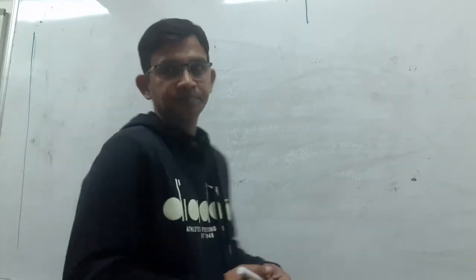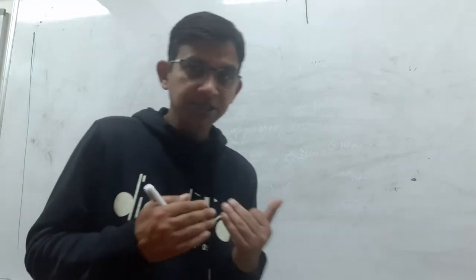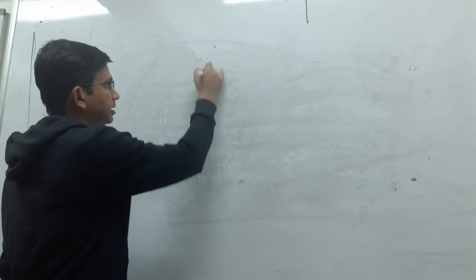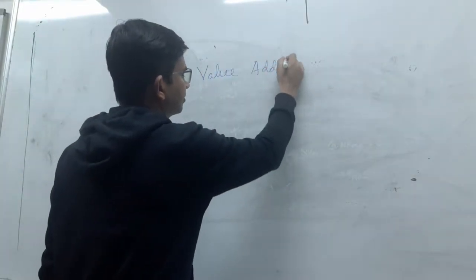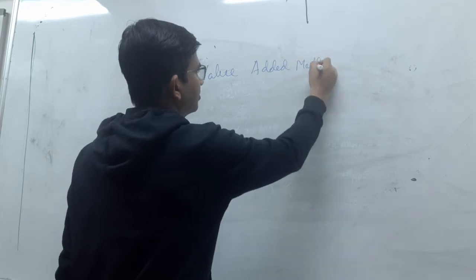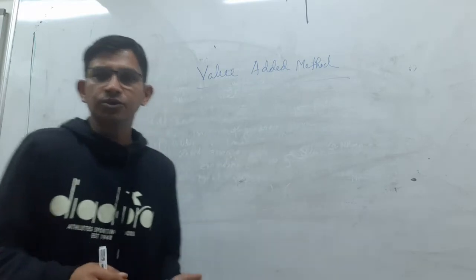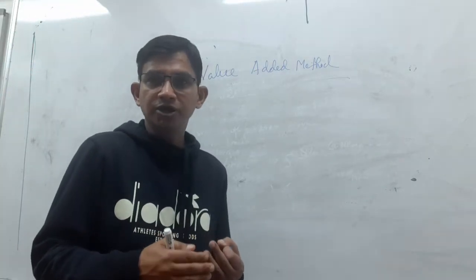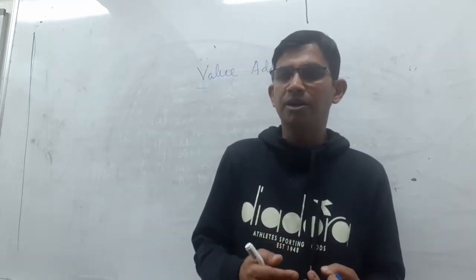Welcome back. Today our matter of discussion is the value added method of estimating national income. This is known as the best method to estimate national income, through which we can completely avoid the problem of double counting.